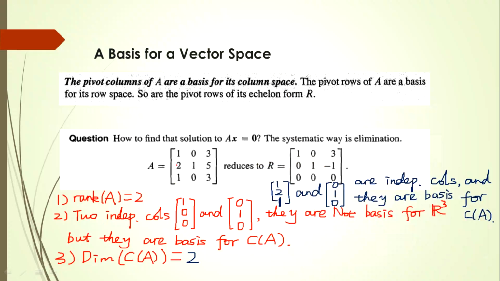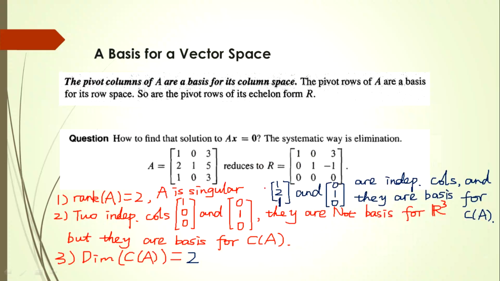For this given 3 by 3 matrix, the rank is 2, so A is singular. That is one example we did before, right? For a square n by n matrix, when the matrix is singular, the columns are a basis for its column space. They are not a basis for the full space Rn.